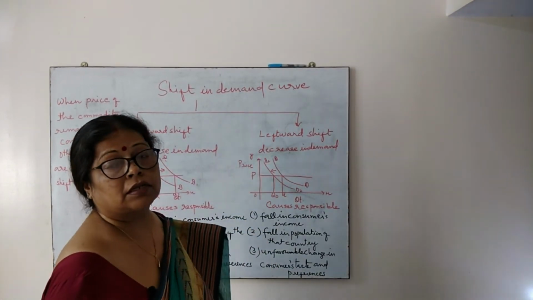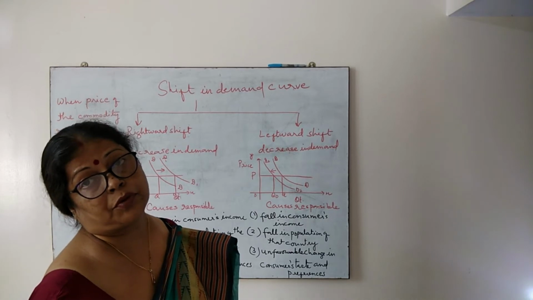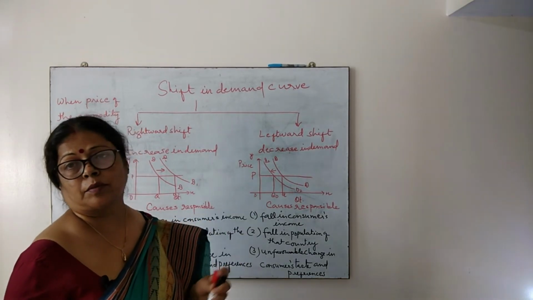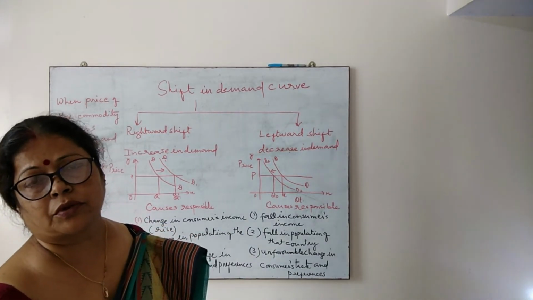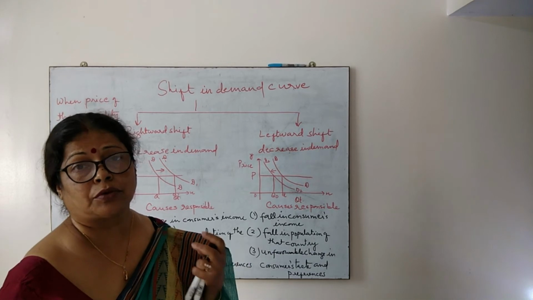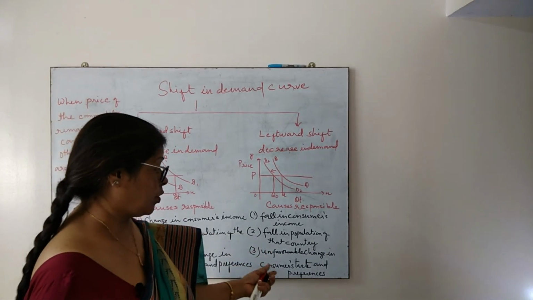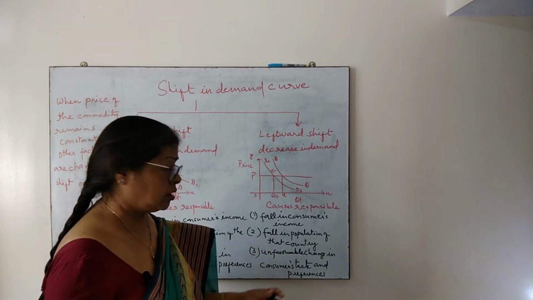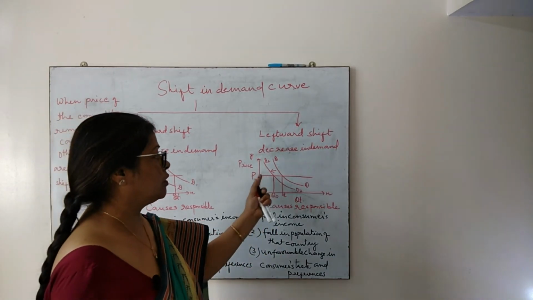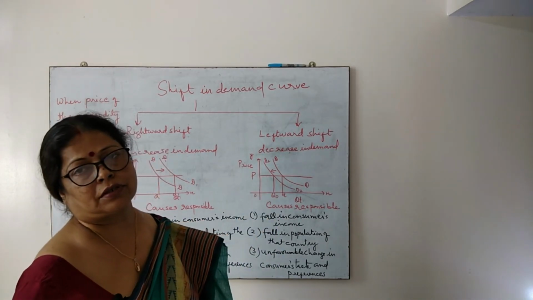Means the consumer is not liking the product, and you know that consumer is the king of the market. If he likes the product, then only a producer is able to sell that product. So he is a very important factor. So here consumer is not liking the product, so demand curve will shift to the left.